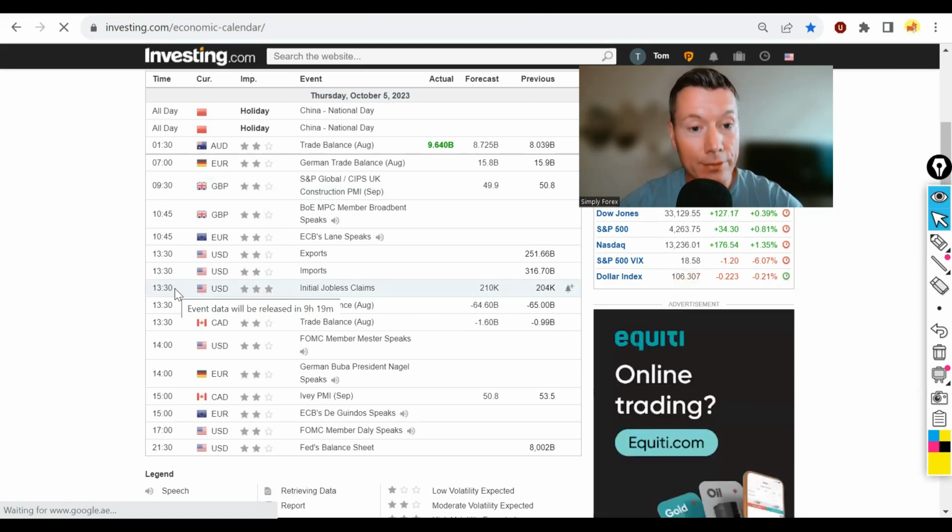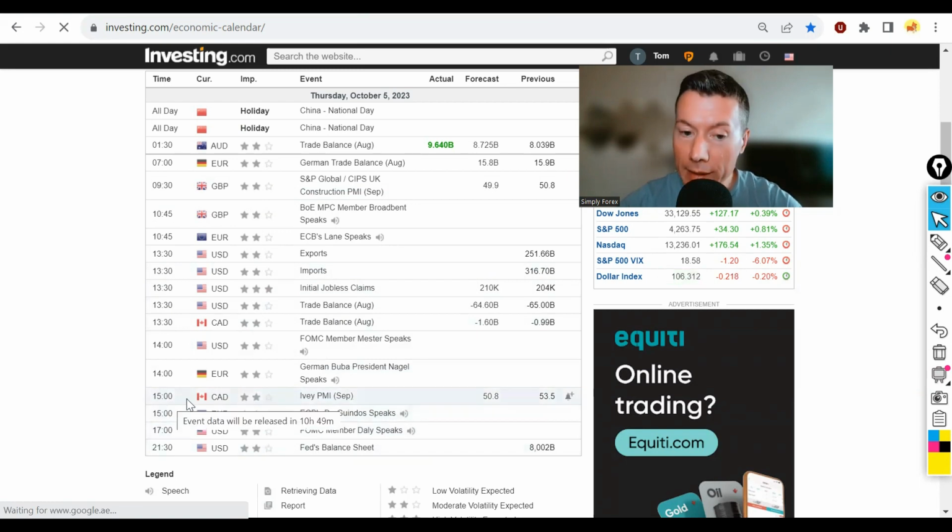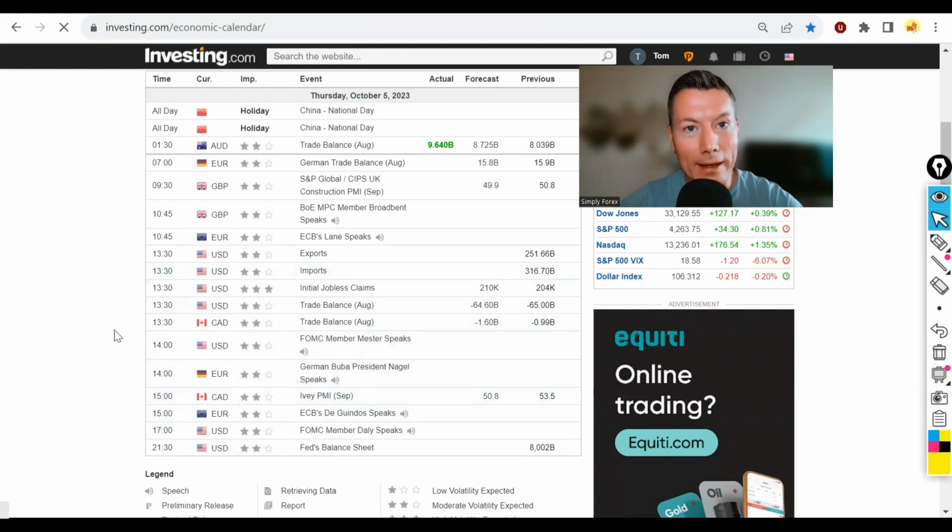We'll look at this in the live stream today, and this is initial jobless claims. So again, this could move any US dollar pair. And then after that, guys, you are pretty free to trade. This Ivey PMI coming out of Canada at 3 could potentially move the Canadian dollar. But not a busy news day today, which is what we like.